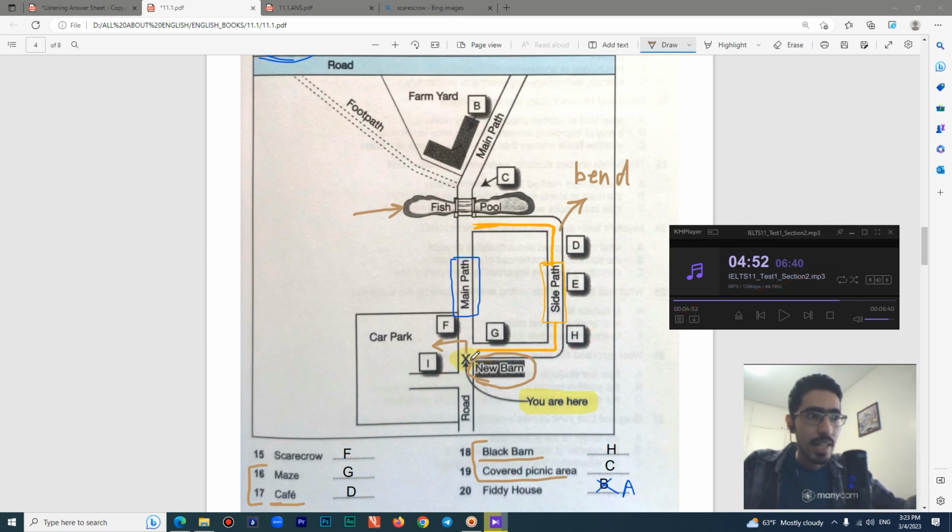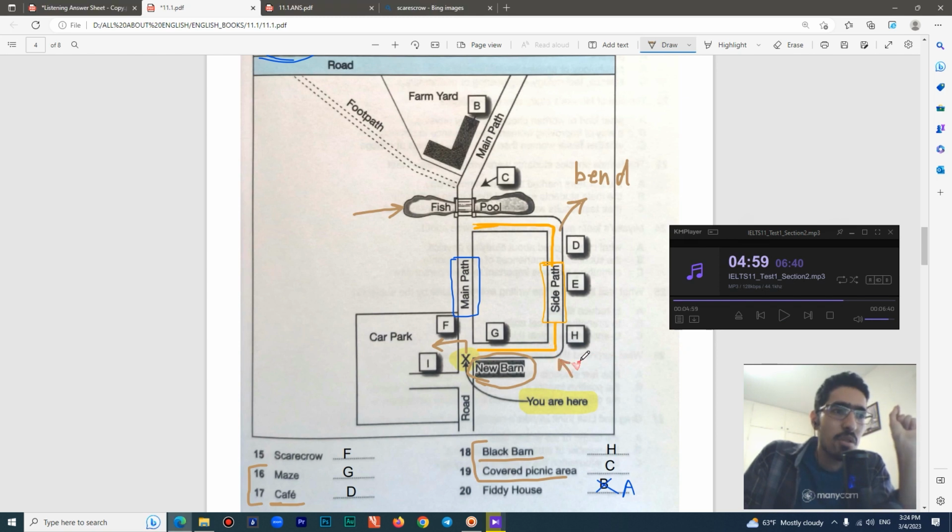Now you are here again and it says if you turn right here, just by the new barn, you'll come to the black barn, just where the path first bends. Bend means a kind of turn.